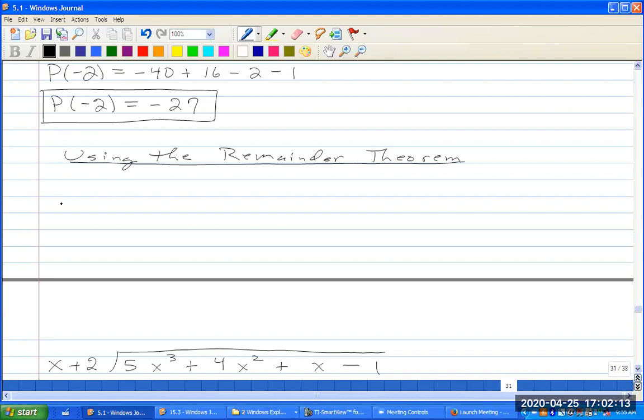So let me show it first using synthetic division, and then using long division because they told me to use long division.